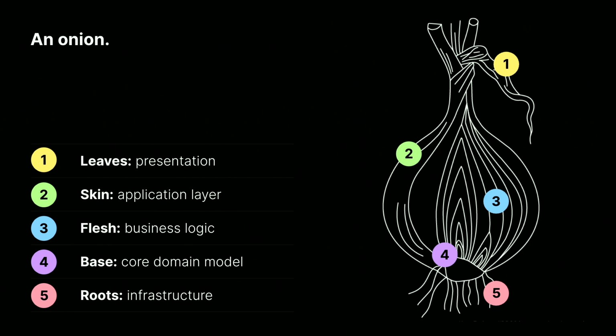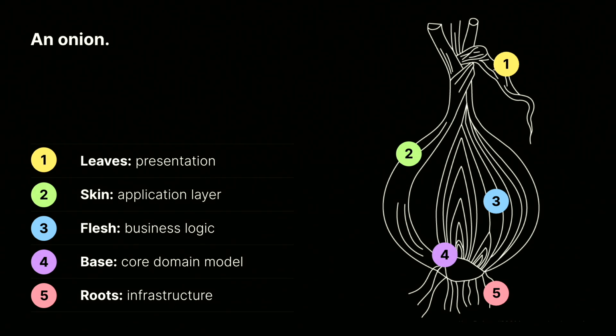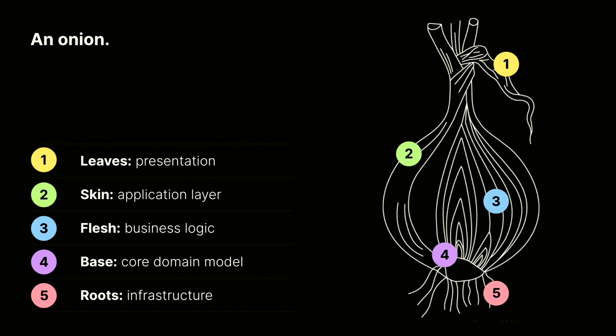And then once we peel off the outer skin, we get our inner fleshy layers, which comprise the majority of our business logic. And then right at the bottom, if you were just to keep peeling, you'd find that there's a base, and that's our core domain model. And then from underneath the base, there are roots, and that's how the onion gets its nourishment, and that is what we would consider to be the infrastructure.